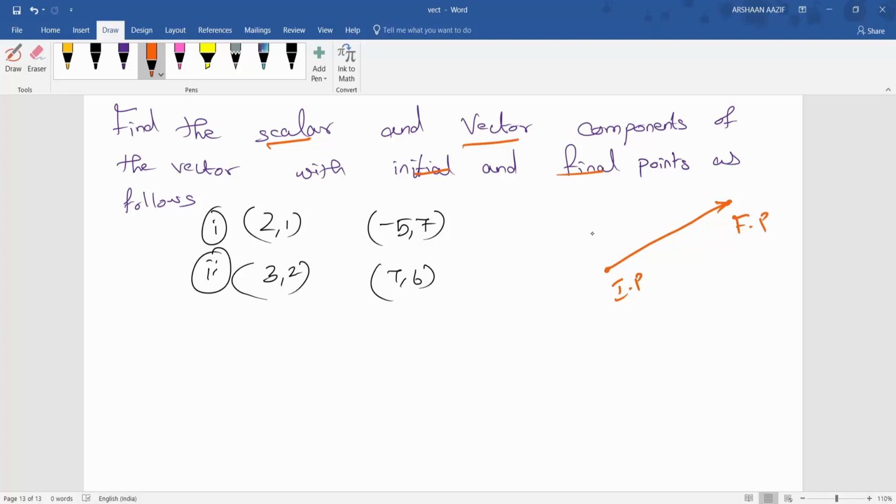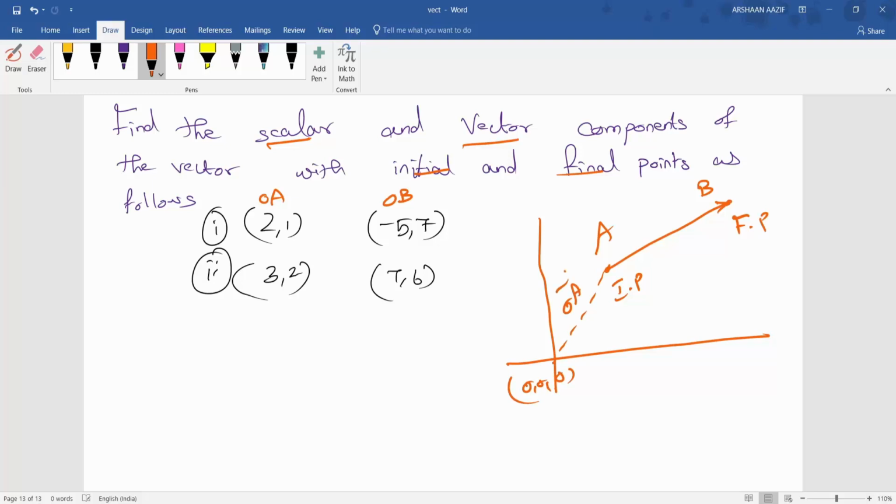Now to find this, in case this is AB vector, this is my OA and this is OB. That is the position vector. From my respective 0, 0, 0 point, this is my position vector OA vector and this is my position vector OB vector. And my AB vector is equal to OB vector minus OA vector. This is what we have learned.